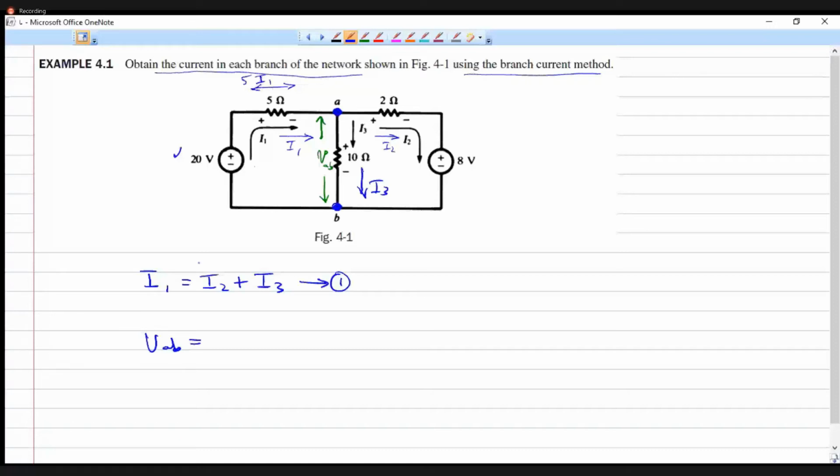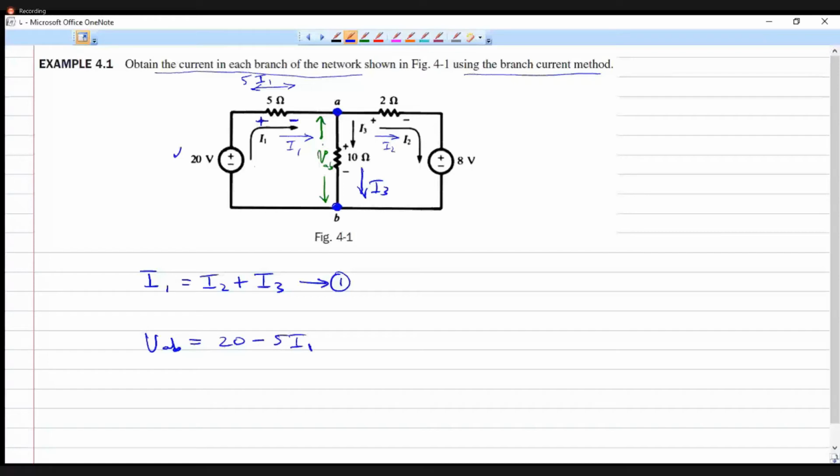Okay. So we can write just like the Kirchhoff's voltage rule, VAB is equal to 20 minus. Why is it minus? Because the polarity is marked like this. So current is entering like this. So on the left hand side we have plus and we have minus. So it is 20 minus 5 times I1. Okay.